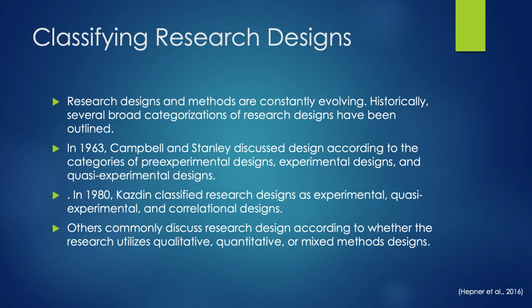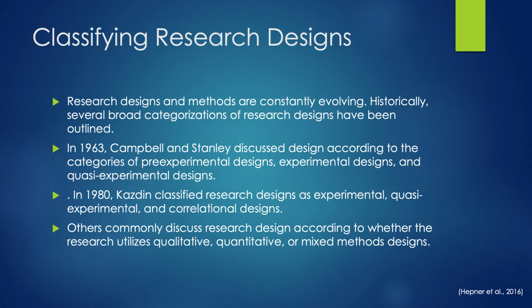So research designs and methods are constantly evolving. Historically, 7 broad categorizations of research designs have been outlined. In 1963, Campbell and Stanley discussed designs according to the categories of pre-experimental designs, experimental designs, and quasi-experimental designs.